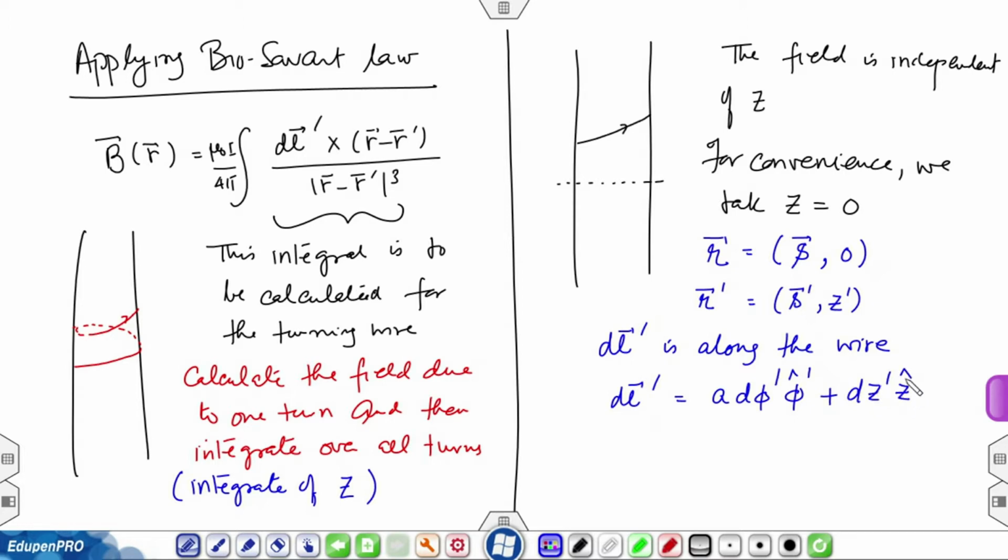We have already seen that z prime is equal to p over 2 pi a times phi prime a, because by the time phi prime becomes 2 pi, z prime moves up by p. This implies that d z prime is going to be equal to p over 2 pi times d phi prime.